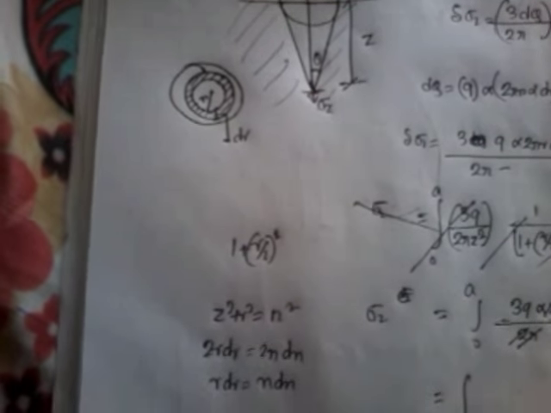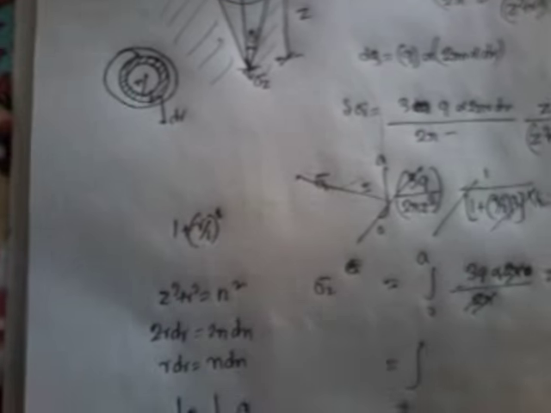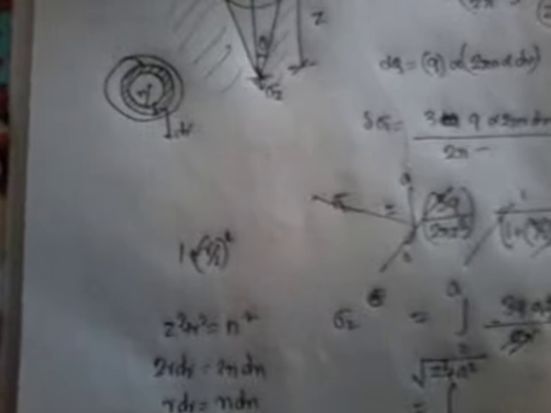If r is 0, the value of n will be z. If r is a, the value of n will be z square plus a square to the power 1 by 2.